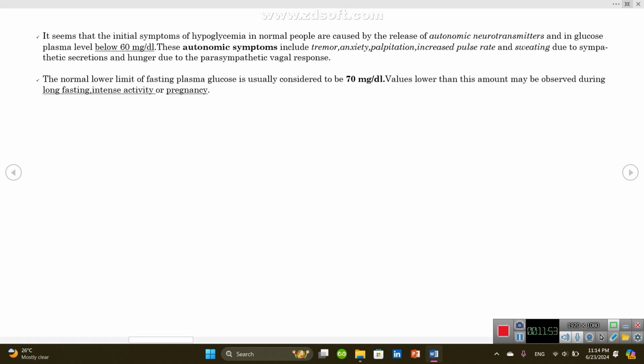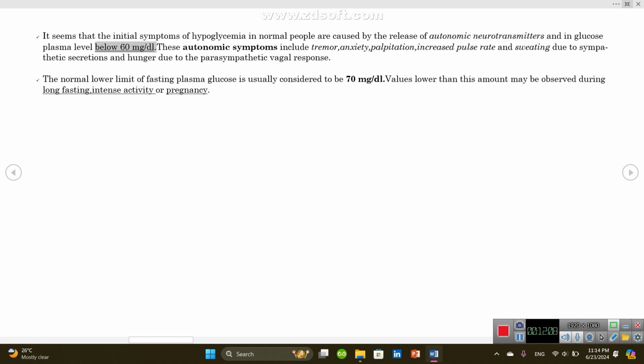It seems that the initial symptoms of hypoglycemia in normal people are caused by the release of autonomic neurotransmitters and occur in glucose plasma below 60 milligram per deciliter.